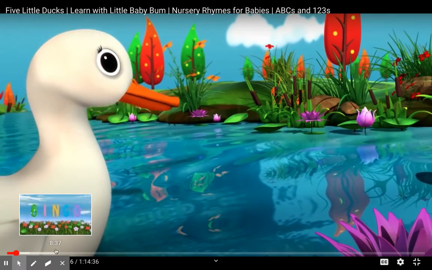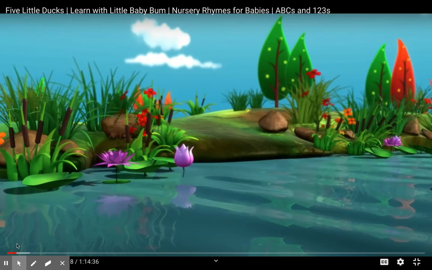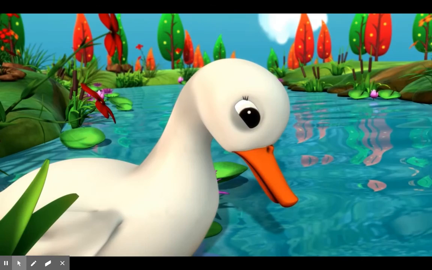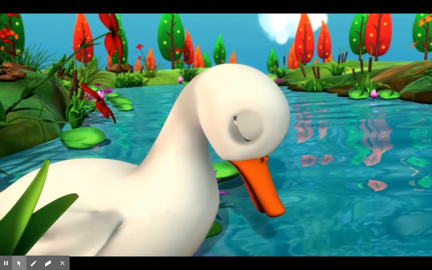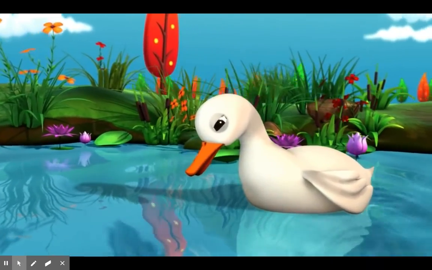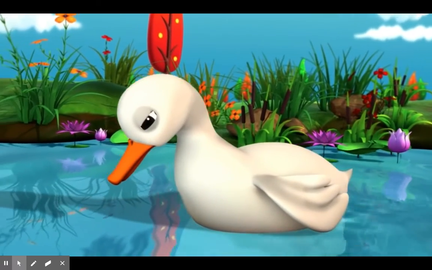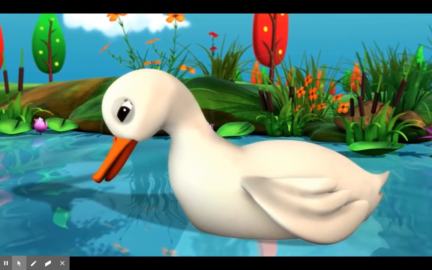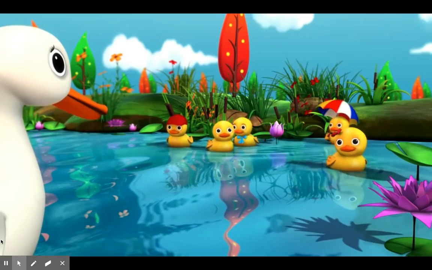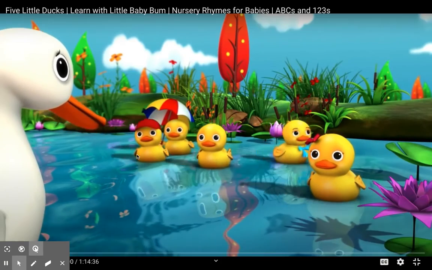Mother duck said, quack, quack, quack, but no little ducks came swimming back. Sad Mother Duck went out one day over the hill and far away. The sad Mother Duck said, quack, quack, quack, and all the five little ducks came back.